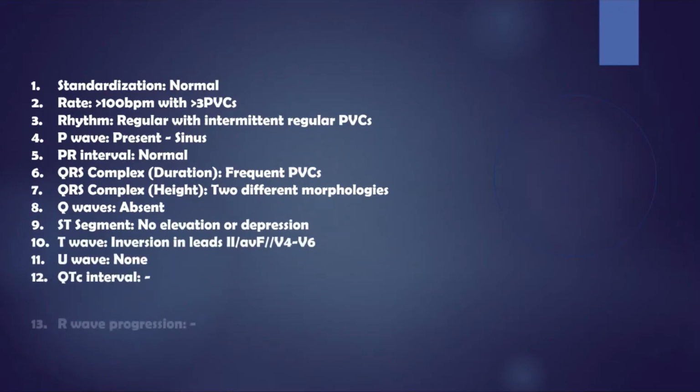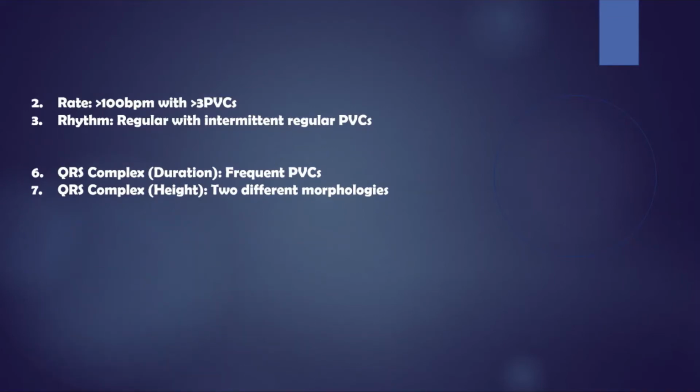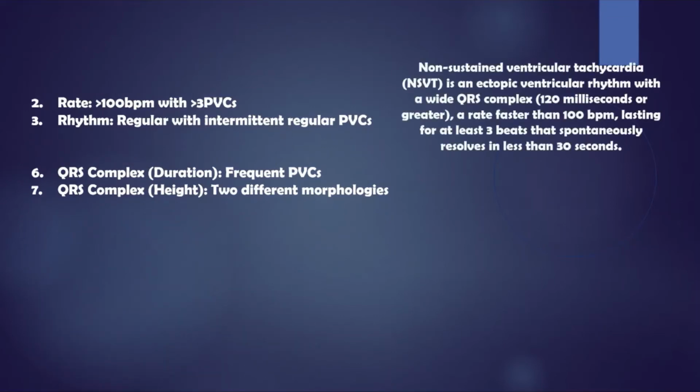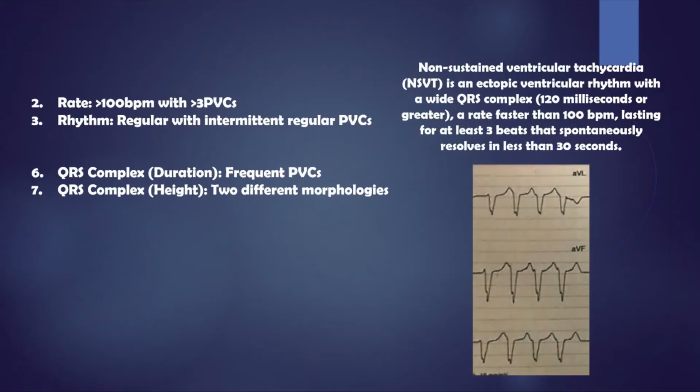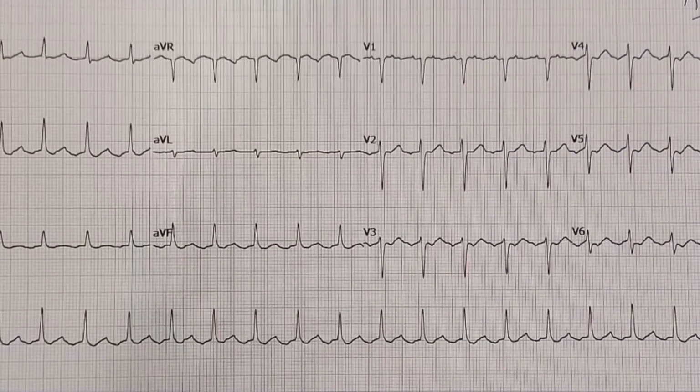So quite a lot going on in this ECG, but you need to focus on what's important for the rhythm interpretation. So this is the definition of a non-sustained ventricular tachycardia. And then you can see an example from this previous ECG that we just interpreted. So let's go towards the next ECG.